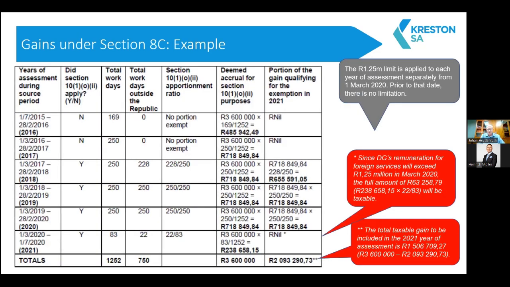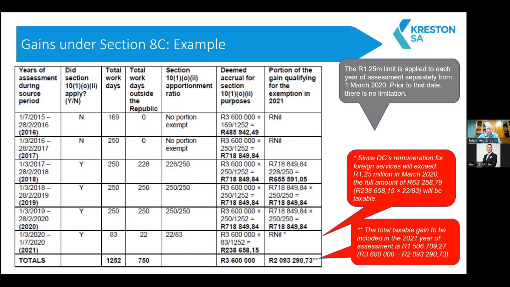All right, look at this calculation. So now, you receive 3.6 million rand. Now it's deemed, undoubtedly, the 3.6 million rand accrues to you in your 2021 tax year on 1 July 2020, okay? But now you've got to see whether or not you qualify for your Section 10(1)(o) exemption.